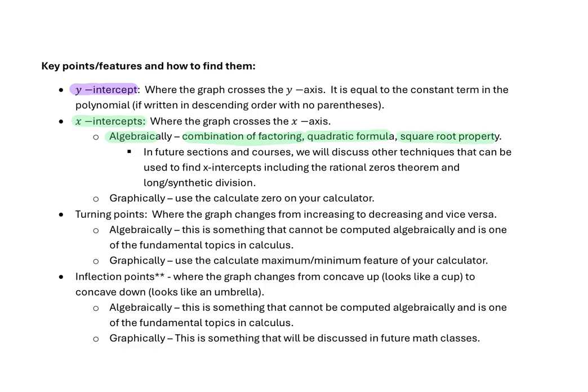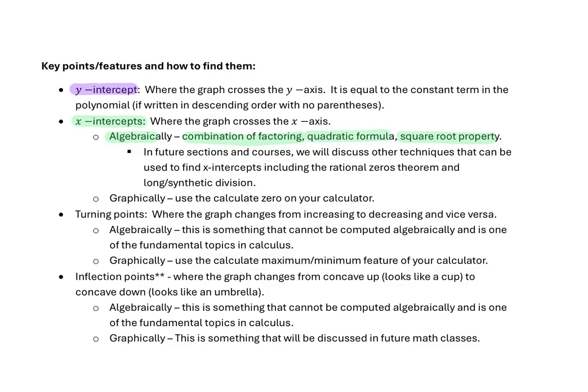Now, a lot of the problems that we're going to look at in this particular section, we're mostly going to be focusing on graphs and equations. We're not going to spend a whole lot of time finding x-intercepts algebraically. We'll do a little bit of it in the next section. In future sections and courses, we will discuss other techniques that can be used to find x-intercepts, including, and these are going to be presented in the pre-calculus course, something called the rational zeros theorem and long or synthetic division.